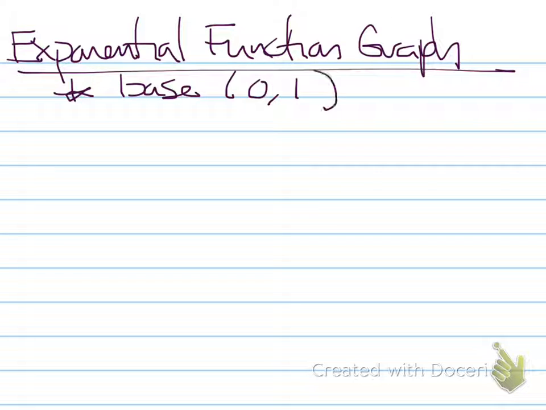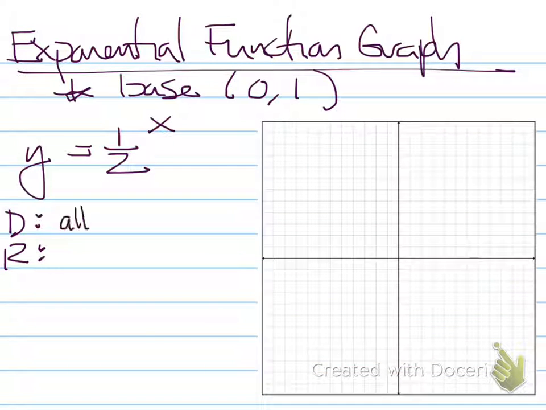Now that last example was a base that was 1 or greater. Now we want to take a look at what the graphs look like whenever we have a base between 0 and 1. So let's use y equals 1/2 to the x power. The domain is still all real numbers.